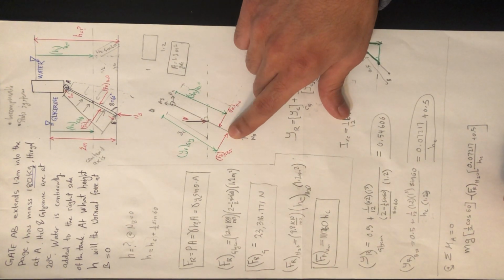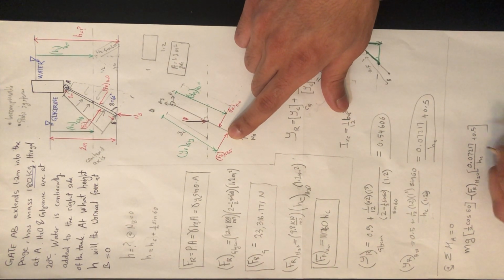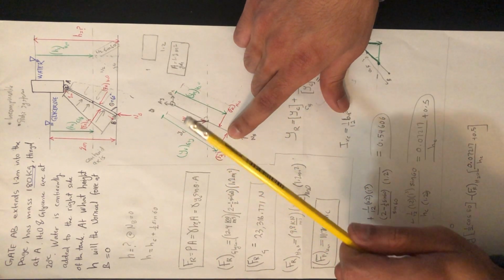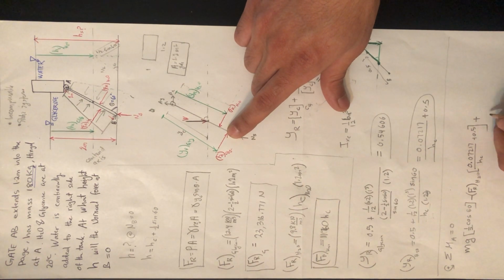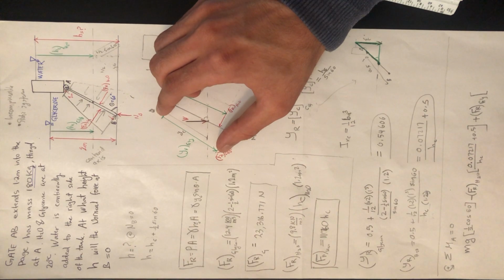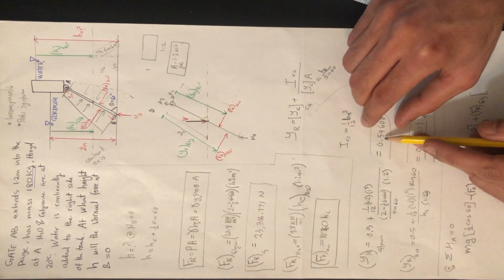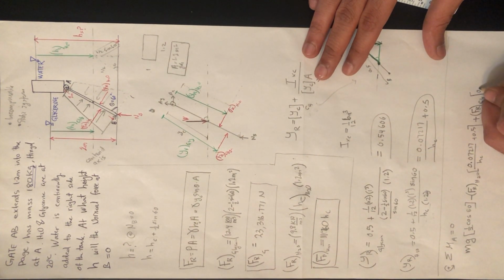And then our resultant force caused by the glycerin is going to cause anti-clockwise rotation, making it a positive, multiplied by the perpendicular distance calculated as 0.54.